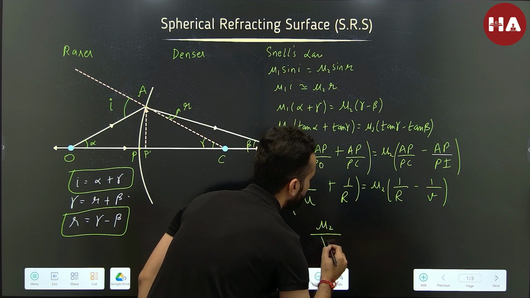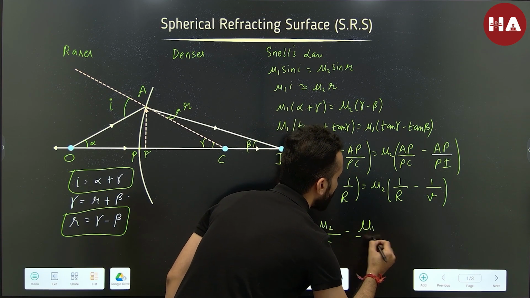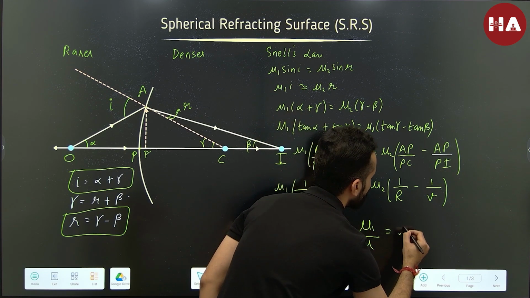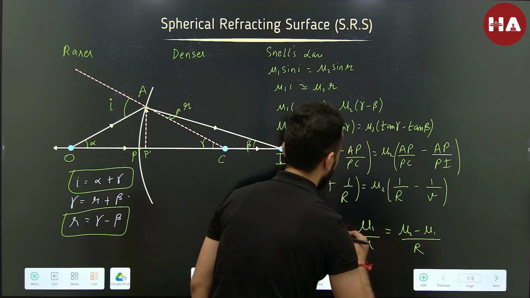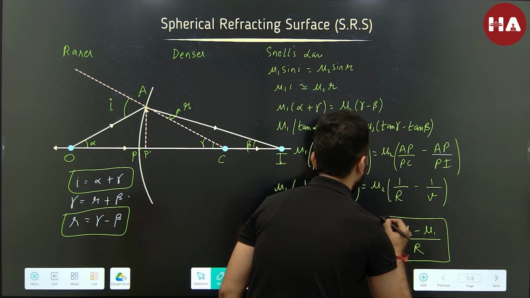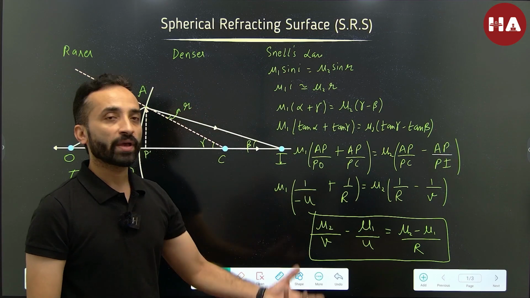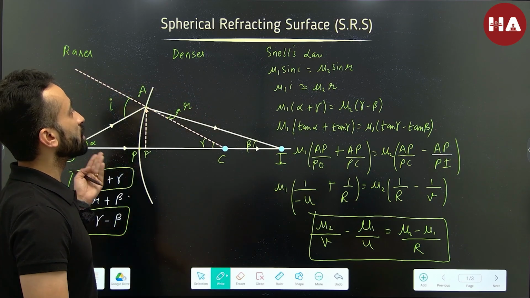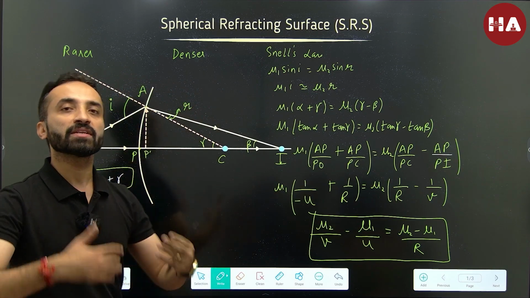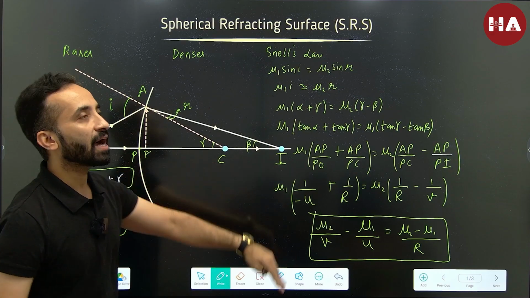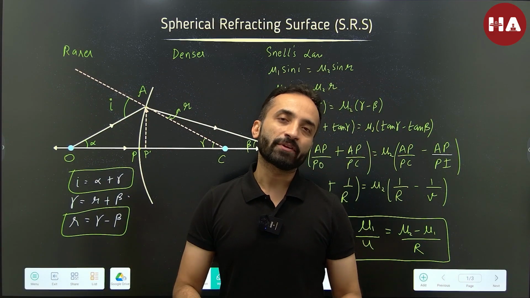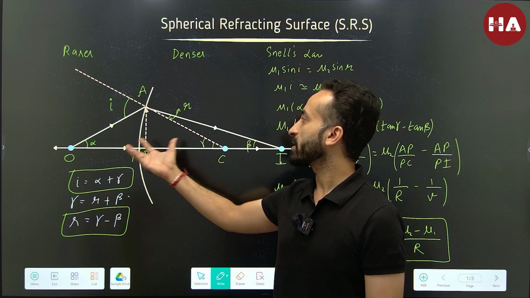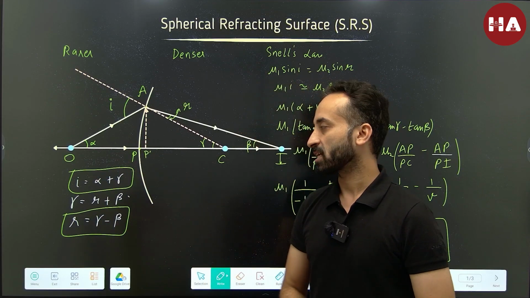Mu2 upon V minus mu1 upon U equals mu2 minus mu1 upon R. This is the formula for SRS, where mu2 is the refractive index of the medium where the rays are going after refraction, and mu1 is the refractive index of the medium where the rays were before refraction.